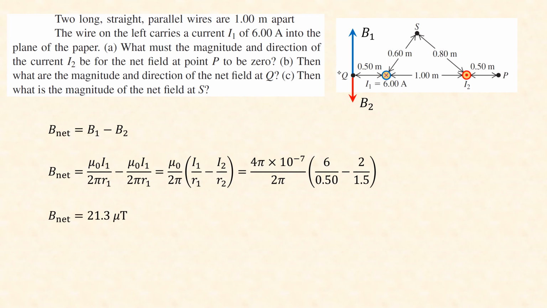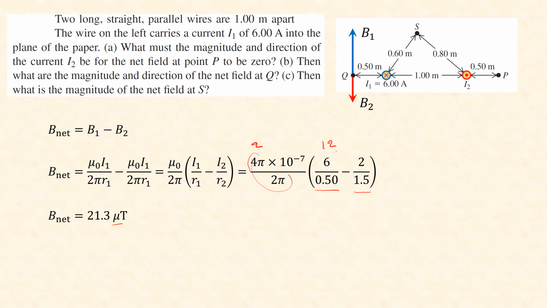All right. So B becomes, this is like 12 and 1/3. So it becomes 21 point... Oh, is the 2 factor here also? So it becomes 21.3 microtesla, and micro is 10 to the negative 6. I don't know if I did it right here. So there's a 2 factor here.